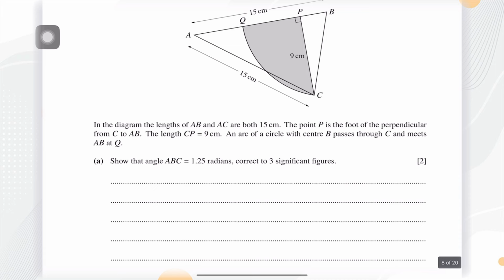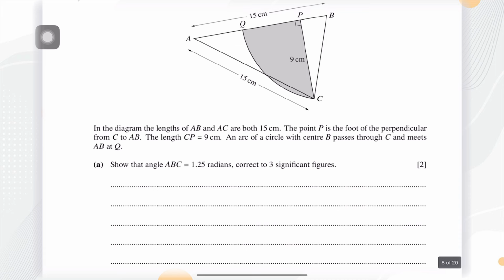Okay. Let's see how we can do this. So we have a triangle of which we know 2 sides. Okay. And we know the perpendicular side as well. So we can do it through the area, half into base into height, or we can do it through Pythagoras. Can we use Pythagoras over here?